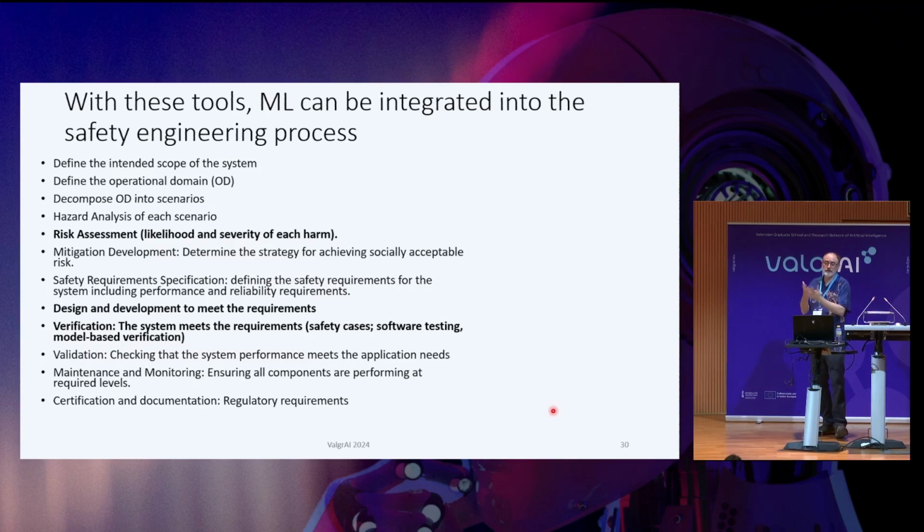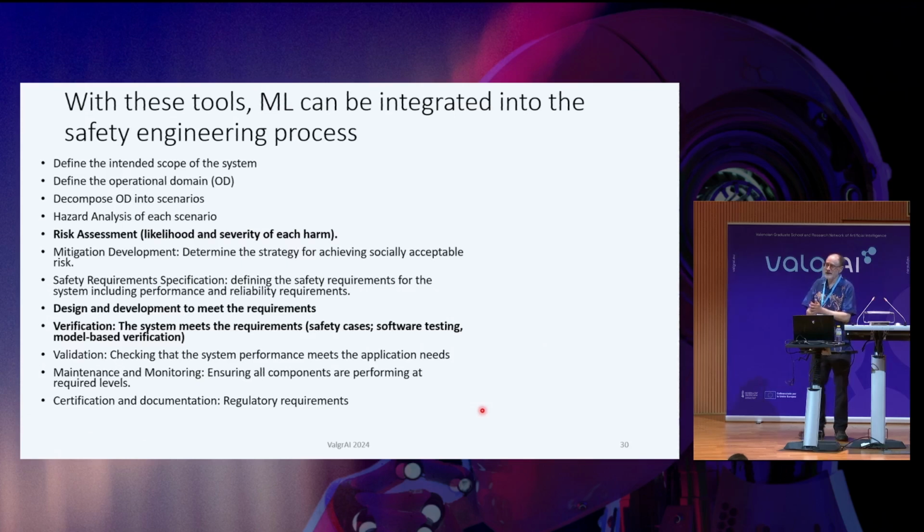Okay, so with these tools, machine learning can be integrated into the safety engineering process. We talked about the design and development stage, where we're going to use uncertainty-driven or surrogate model sampling to try to find the high-risk scenarios, and then verification to verify that the machine learned model is good, and finally risk assessment.